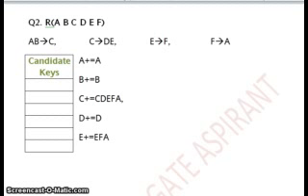So I can say that CB forms a candidate key. How can I say this? Because C gives me C, D, E, F, A, so the only thing left is B. So if I include B, then CB becomes a candidate key.